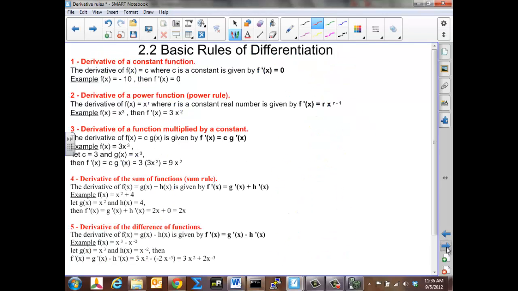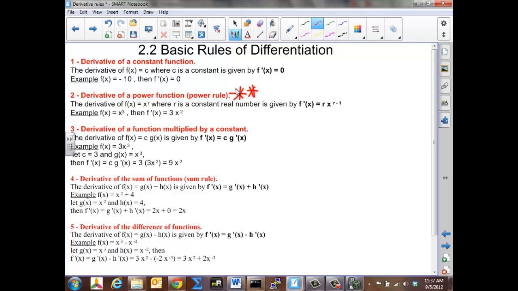If you'll look on the first page of your notes here, these are rules for finding derivatives. Now, over the next 3 lectures, we're going to go through and learn what all of these are. For right now, I want you to just know that you can refer back to these if you have any questions. The one that we just talked about is right here, called the power rule. That's probably the most important rule that you're going to have.